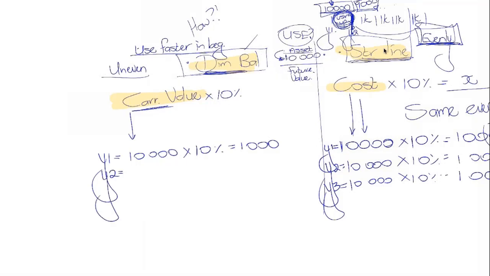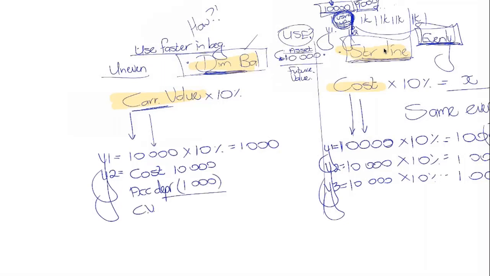Now in year two, you need to use your carrying value, not your cost. So the first part of your calculation for diminishing balance needs to be identifying what your carrying value is, which means you've got to start off by saying, what's my cost? 10,000 Rand. What's my accumulated depreciation up to this point? 1,000 Rand from last year.